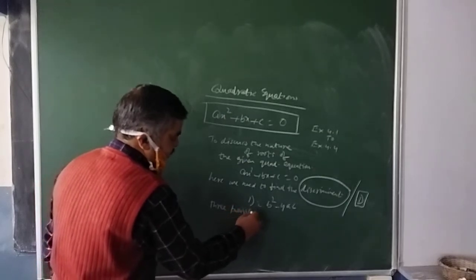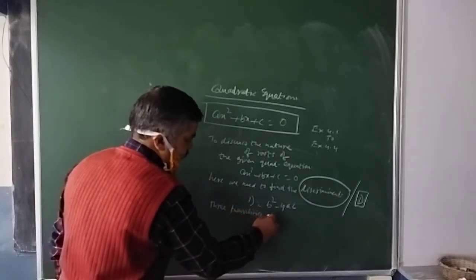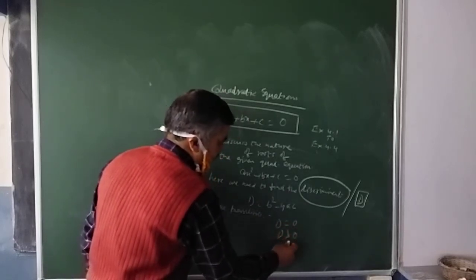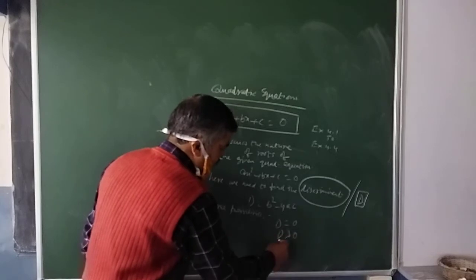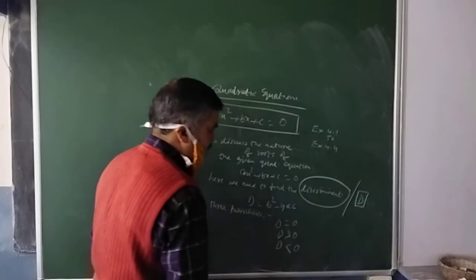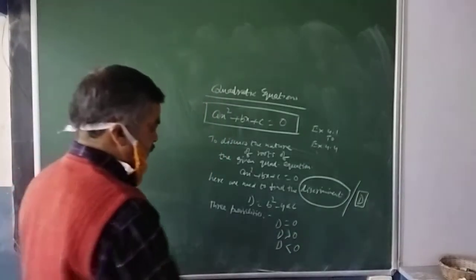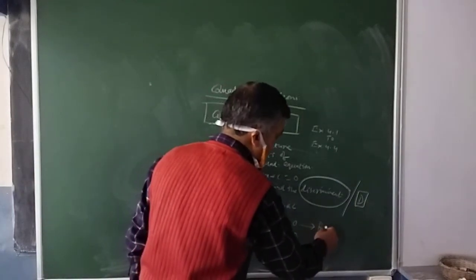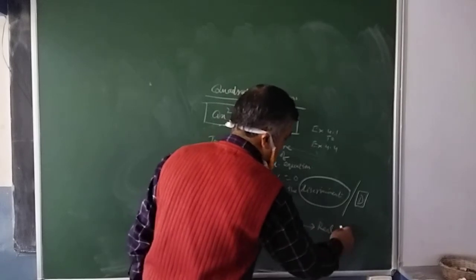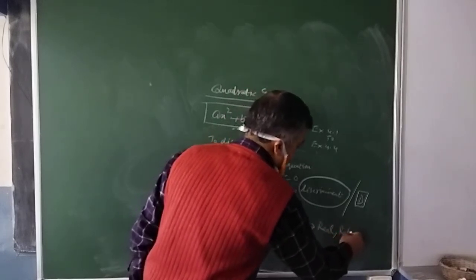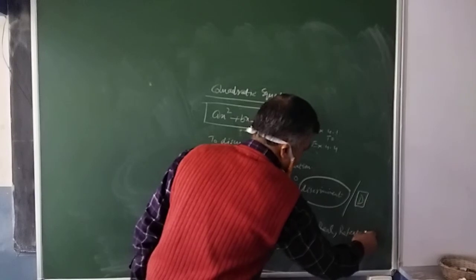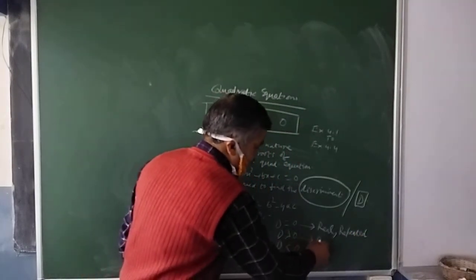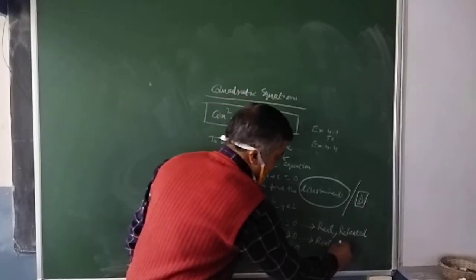D can be equal to 0, D can be greater than 0, or D can be less than 0. If this is coming equal to 0, the nature of roots is real and repeated. If D is greater than 0, roots are real and distinct.